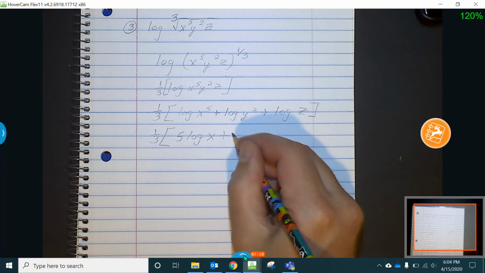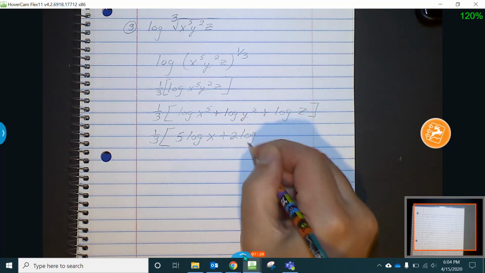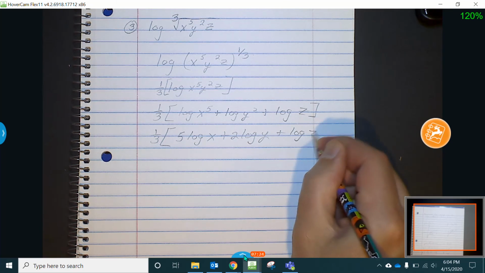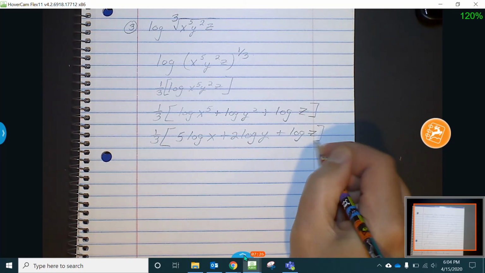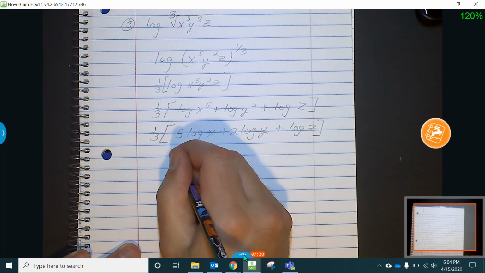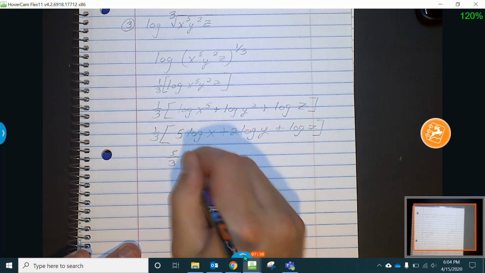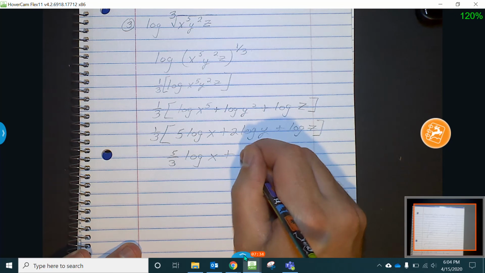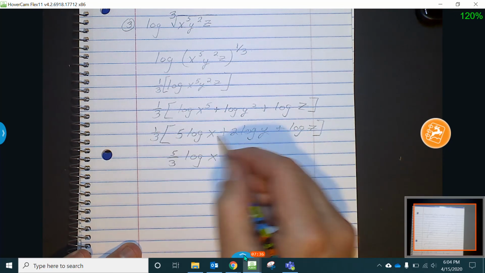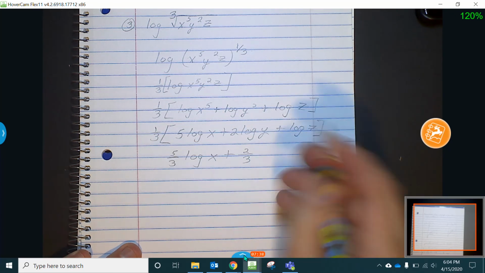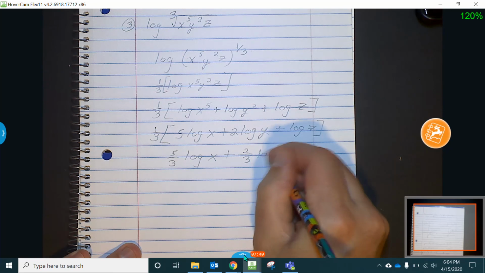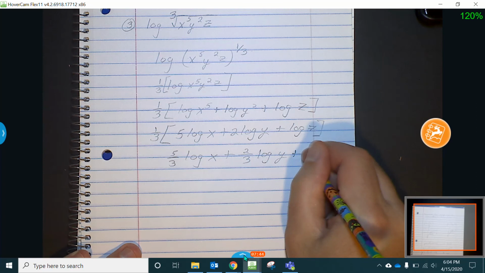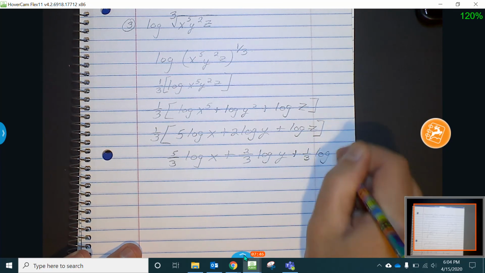Bring down the 2 in front. And there's nothing there. Finally, distribute the 1/3. So 5/3 log x plus 2/3, so 1/3 times 2, 1 times 2 is 2, 3 on the bottom, log y. 1/3 times 1 is 1/3 log z.